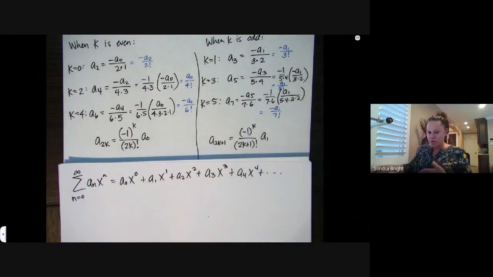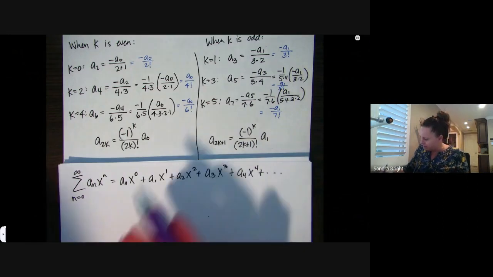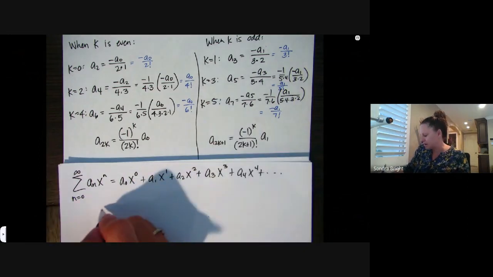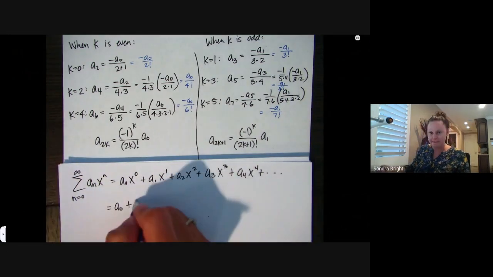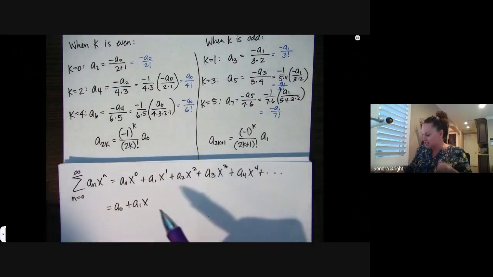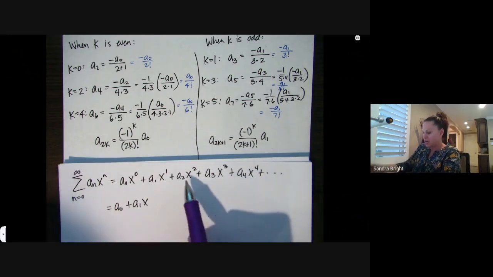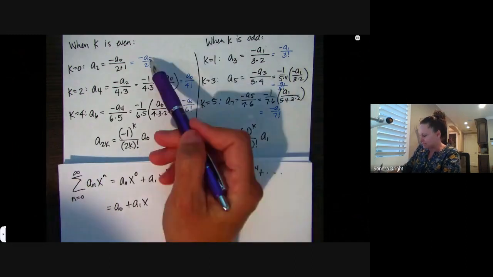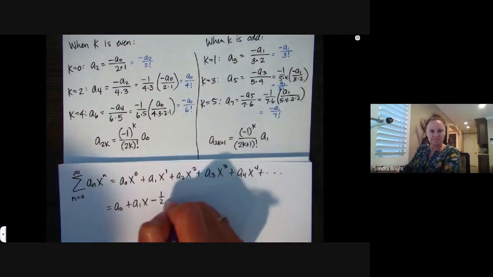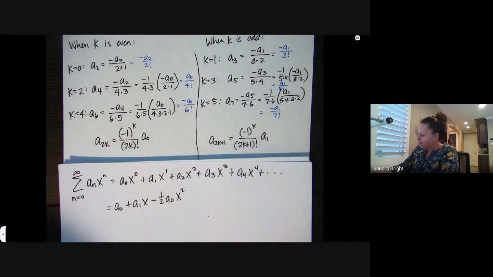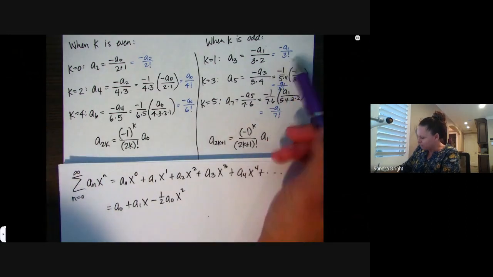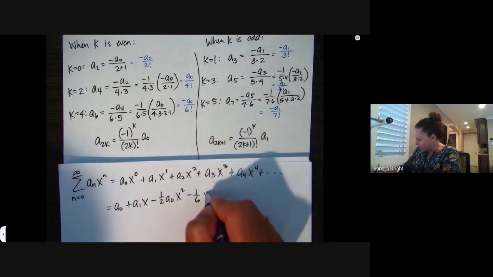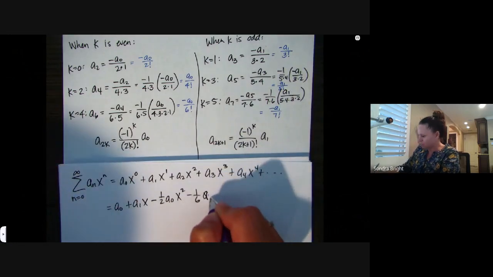But then we know all of these guys. So a naught times x to the 0 is just a naught. a1 times x. But here's where things change. A2, I know in terms of a naught. This is a minus 1/2 a naught x squared. Now, a3 was negative a1 over 3 factorial, which is a minus 1 over 6 a1 x cubed.